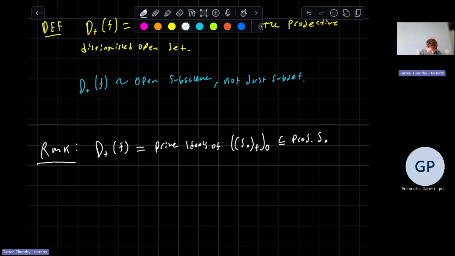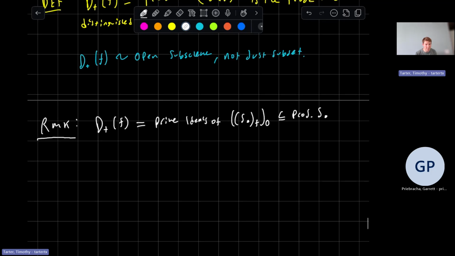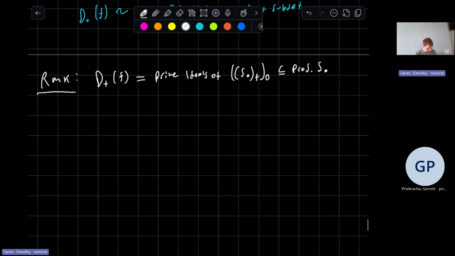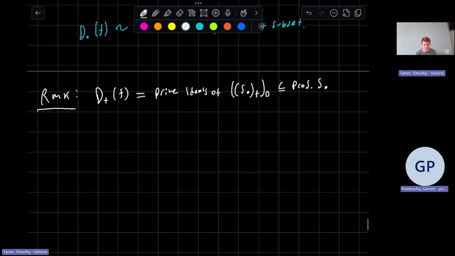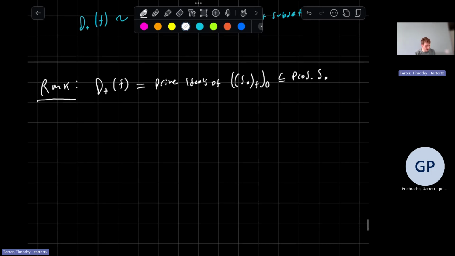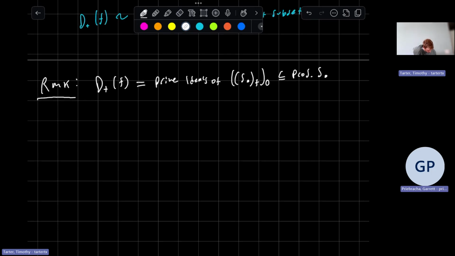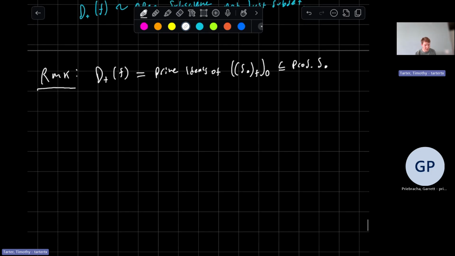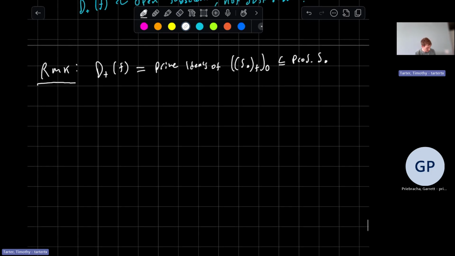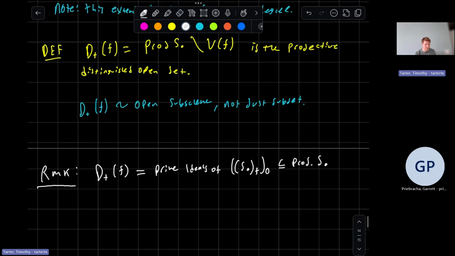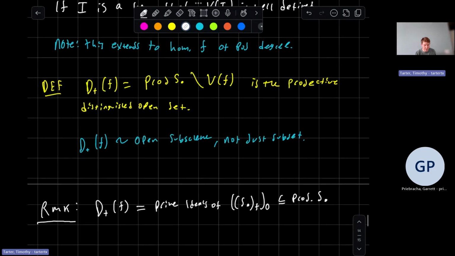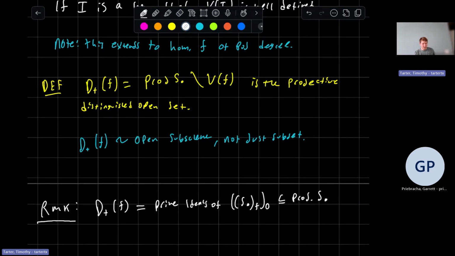So, for example, in 4.4.9, in the first example we gave of projective space, these are the open sets covering the space, like the n+1 affine opens covering the space. Then these are exactly the same thing. And this makes a lot of sense.